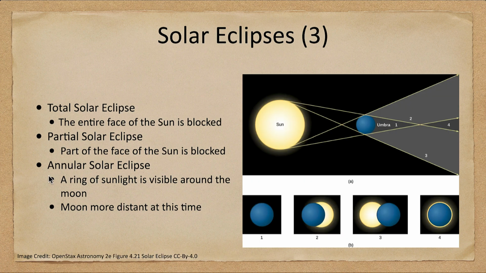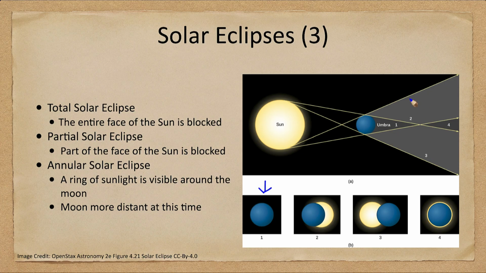Now let's look again at the geometry here. Depending on where you are in this location, if you are in the umbra, at point 1, you would see a total eclipse, the moon completely blocking out the sun.